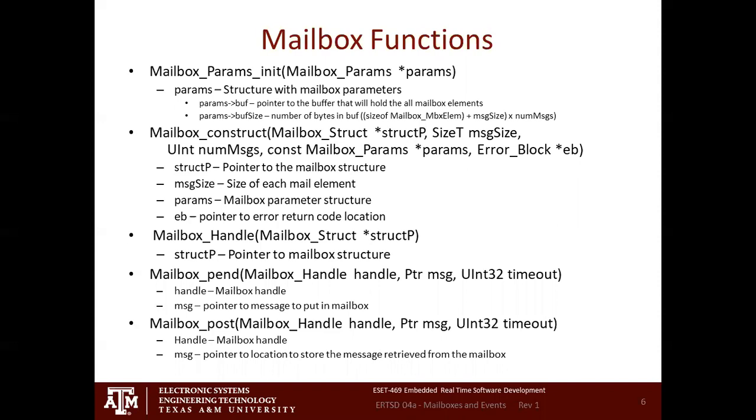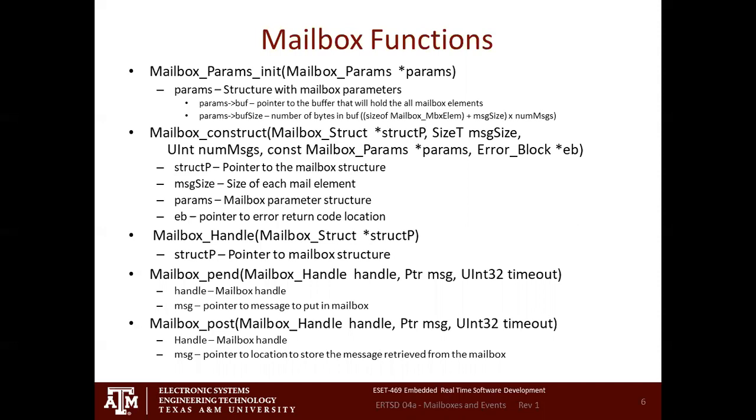Params is the pointer to the structure that we created up here and initialized, and of course the error block. We get the handle, so we're not messing with the pointer to the structure all the time. We've got the handle that we're using when we get ready to pend and post, which we're going to be using down here in our pend and post functions. So for pend, we pass it the handle, we pass it a pointer.